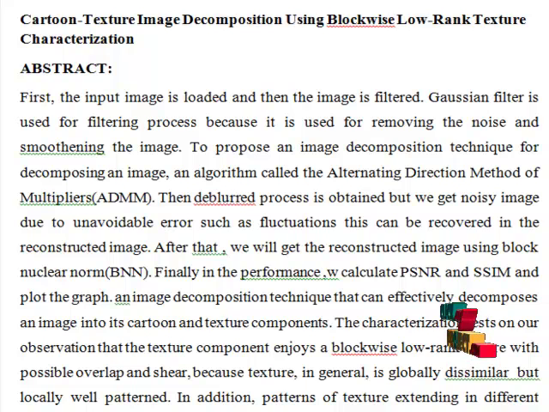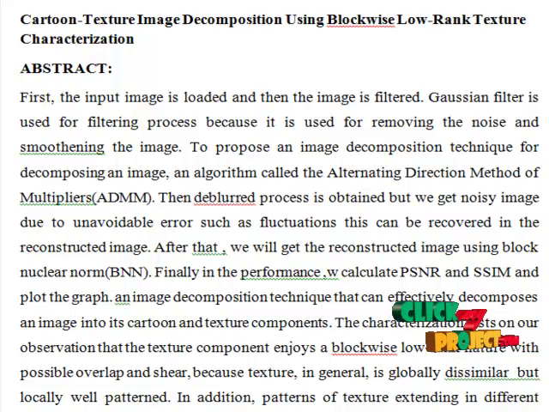Then the advantages are that this model is more suitable to this task than existing models. Moreover, we can decompose the image successfully and restore it from the deblurred process. And finally, the image is filtered using a Gaussian filter because it is an effective and simple smoothing filter.